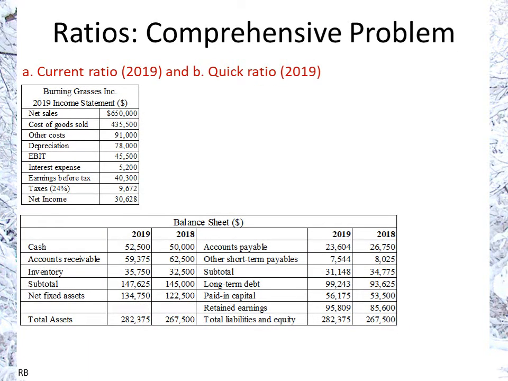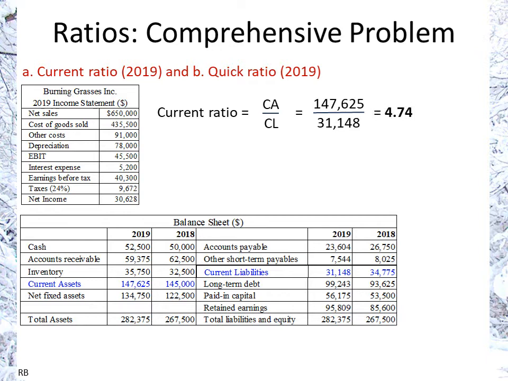So let's start off with the current and quick ratios. The current ratio is current assets over current liabilities. So that's both current, the name indicates it. So the current assets you can see here, and the current liabilities are there. Now, since we're looking for 2019, and these are both balance sheet data points, we don't have to worry about any averaging. We're just calculating it using the 2019 numbers.